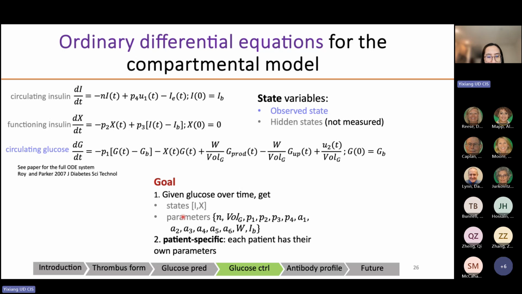Also, what's more interesting is that we want to obtain the parameters governing the ordinary differential equations. The second goal is to have a patient-specific model, meaning that each patient should have their own parameters, as shown by this lump of parameters.